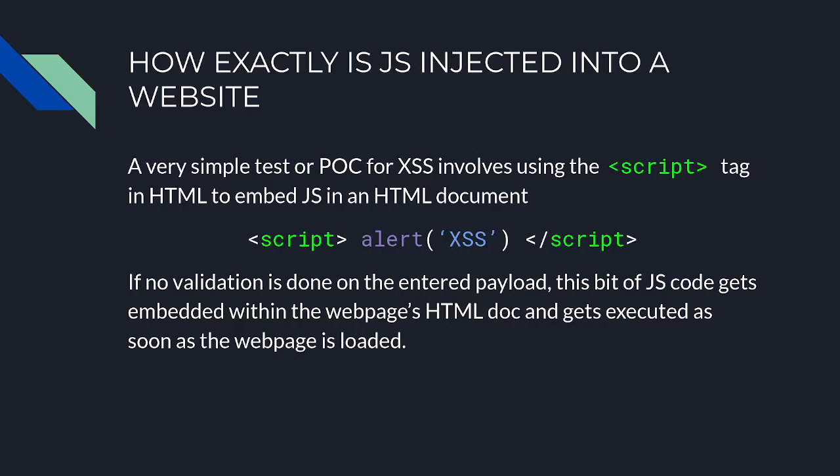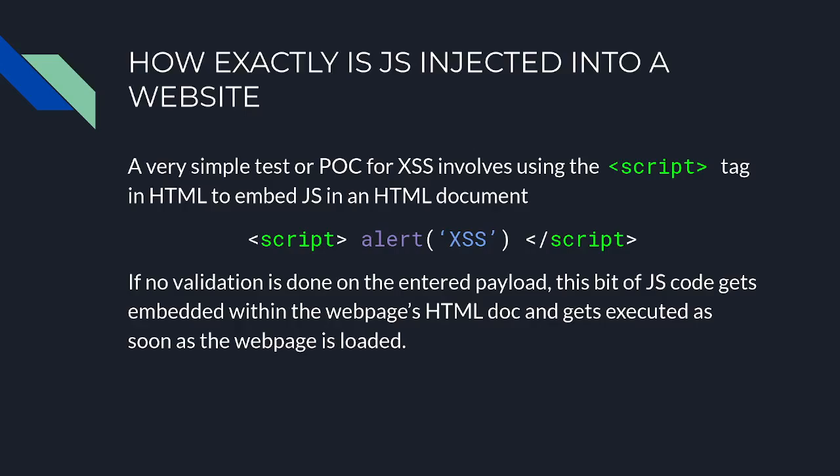A very simple test or proof of concept for XSS involves using the script tag. So now I'll tell you what the script tag means in HTML. Whenever you visit a website and load a web page, the browser parses through the entire HTML document for that web page, and then it renders the HTML accordingly.